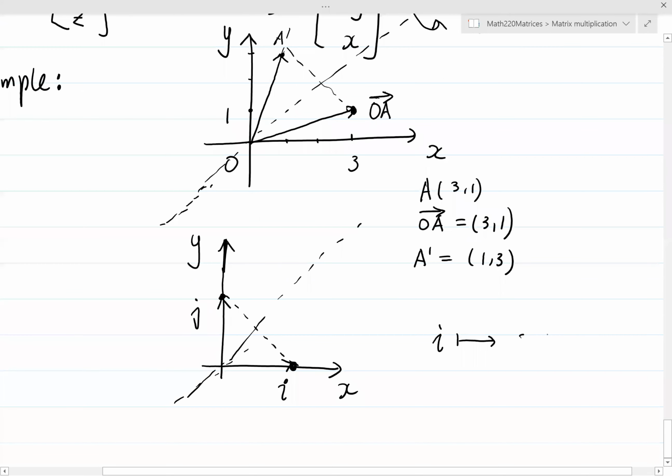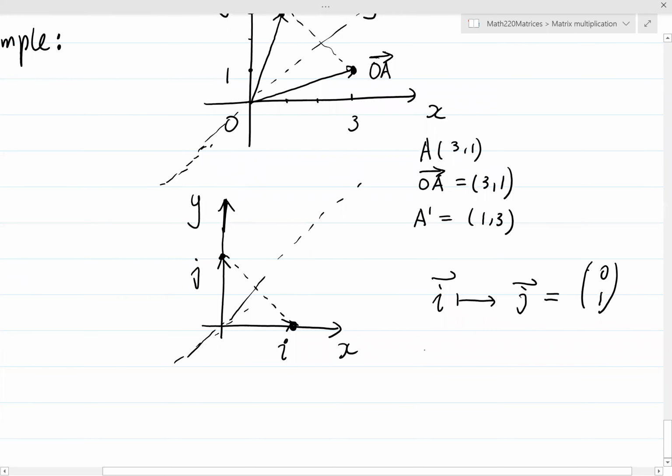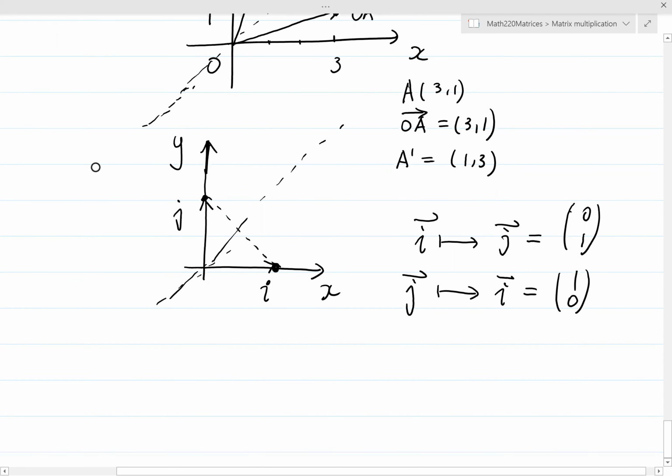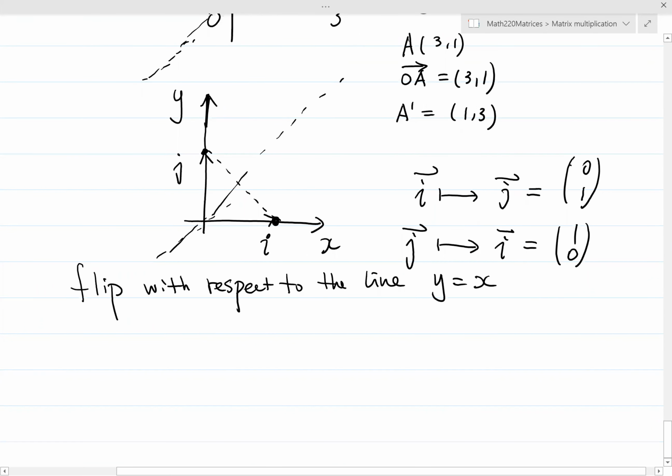So when we flip I, we get J, which is 0, 1. If we flip J, what we get is I by symmetry, which is 1, 0. So this operation, flipping with respect to the line y equals x, is given by a matrix multiplication.